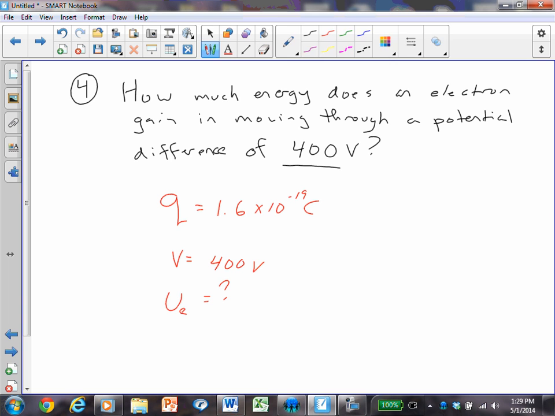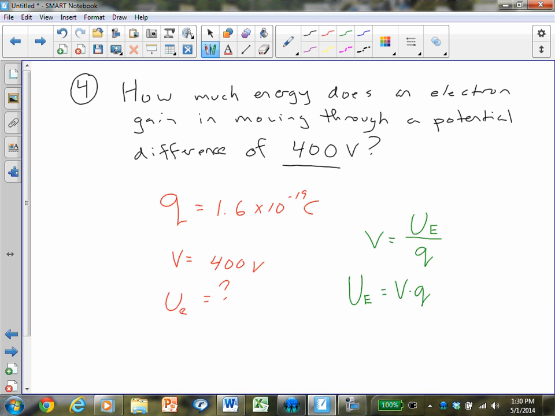Right. The voltage is defined as how much potential energy per unit charge. So UE is VQ.